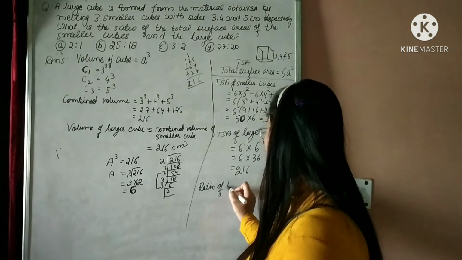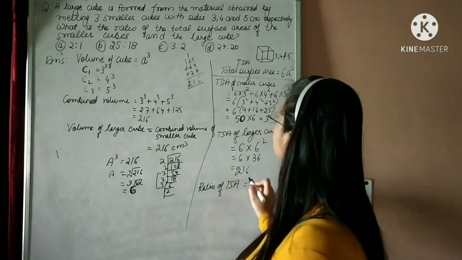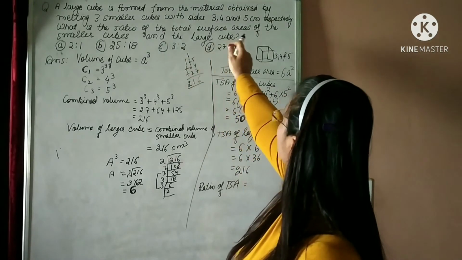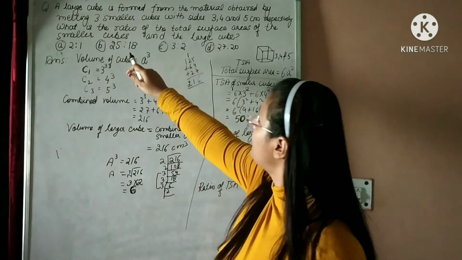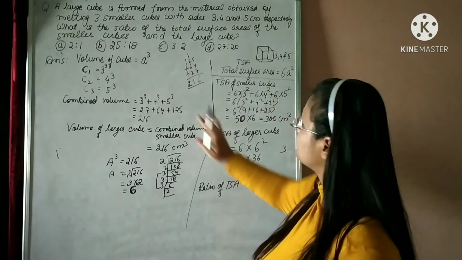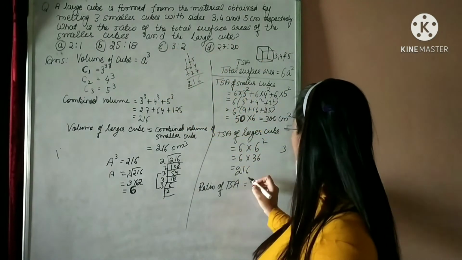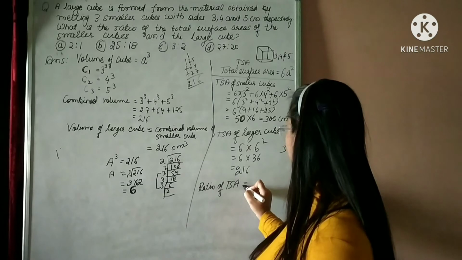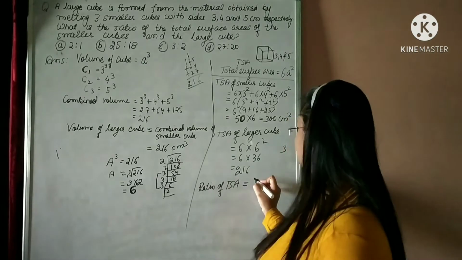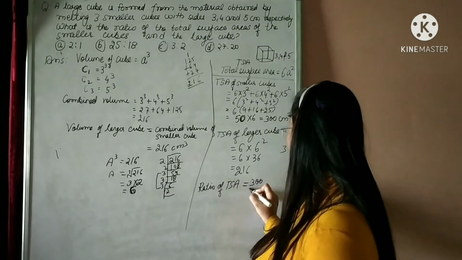Now we can easily find the ratio of total surface area. They have asked what is the ratio of the total surface areas of the smaller cubes and the larger cube. So the smaller cubes must be written in the numerator. So it is 300 by 216.